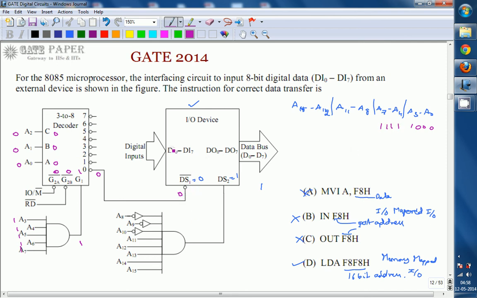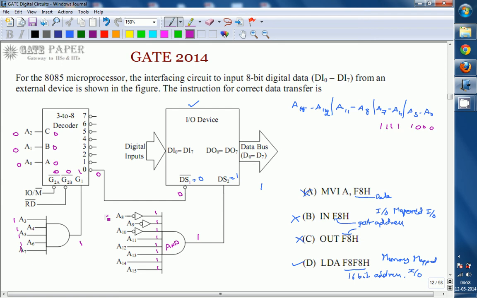Next, to select this I/O device, DS1 bar has to be 0 and at the same time DS2 must be equal to 1. It is an AND gate, so all the inputs must be at logic 1 to get a logic 1 output.